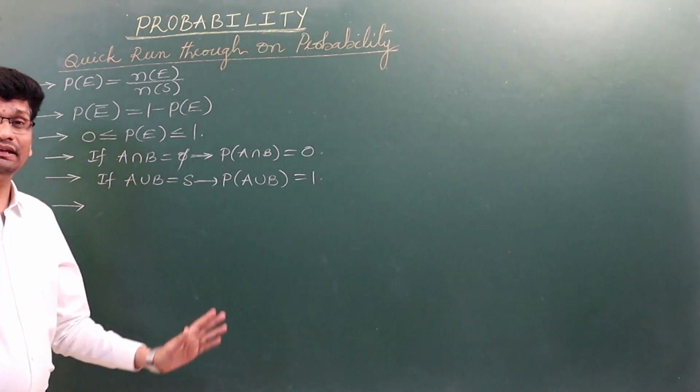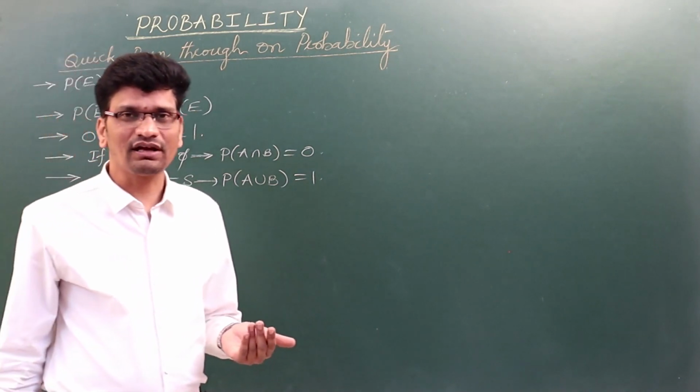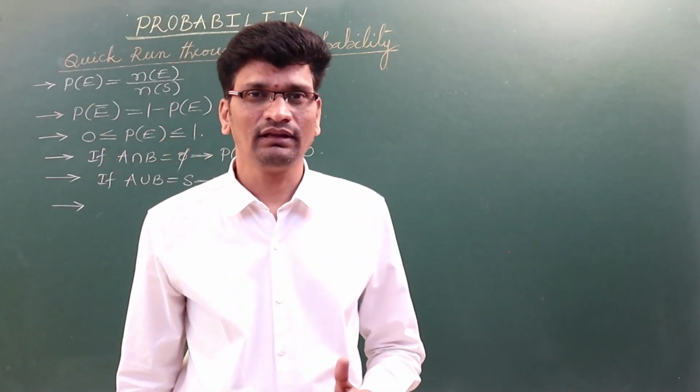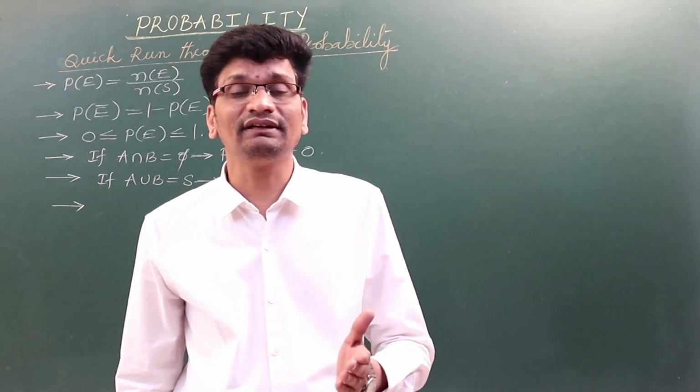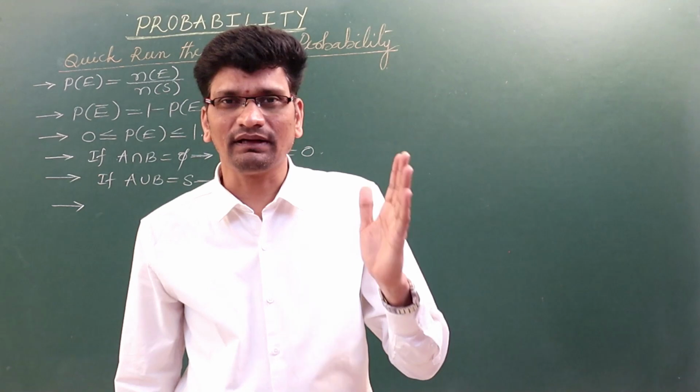Now equally likely events. Two or more events are said to be equally likely if the happening of all these events has the same, equal possibility.